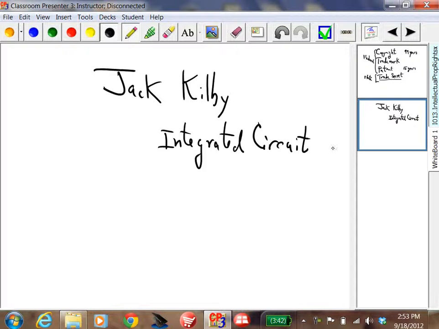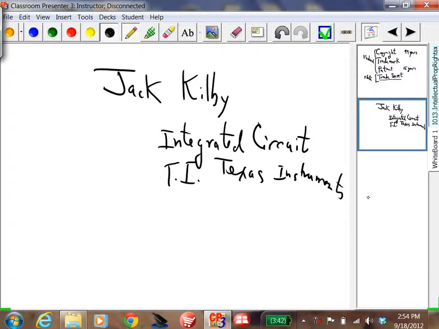And he invented this integrated circuit when he worked for Texas Instruments. It's in Dallas, Texas. So in fact, Jack Kilby was in charge of this group that invented the integrated circuit.